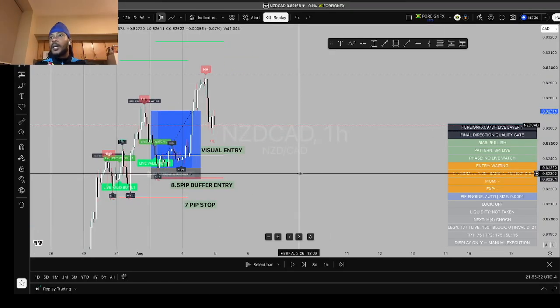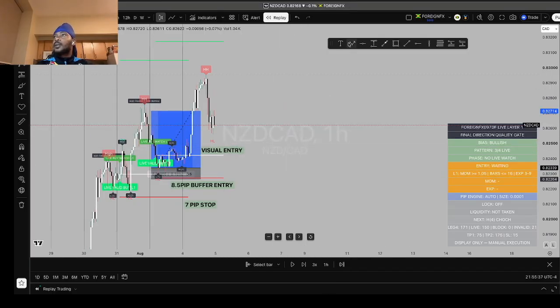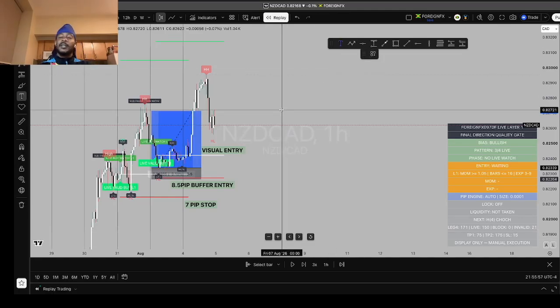Okay. So on my chart, you can see I have the visual entry, and I also have the buffer entry as well. With this tool, it requires two entry model, the visual entry and that 8.5 pip buffer. Depending on how you risk, you would cut your risk into half. For me, I would risk 1%.